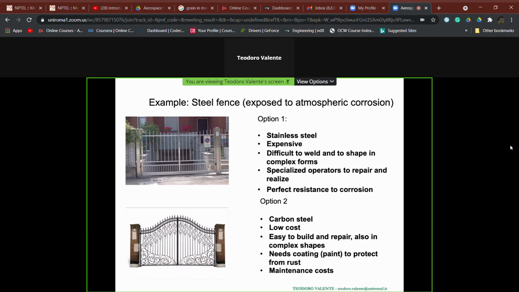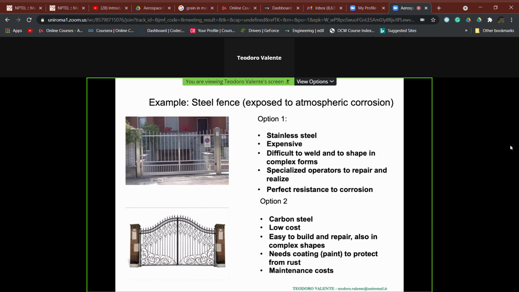And cost is one of the factors which can never be neglected in our applications. I want just to give you one example, conceptually speaking, and then we will stop for today and continue the discussion in the next lecture on Friday.